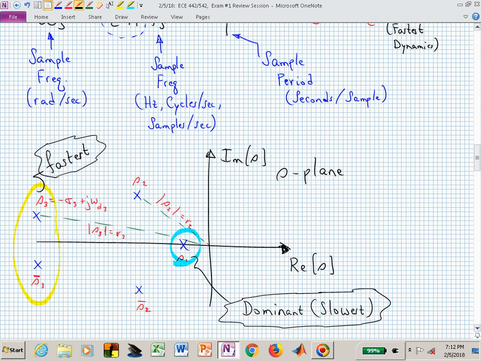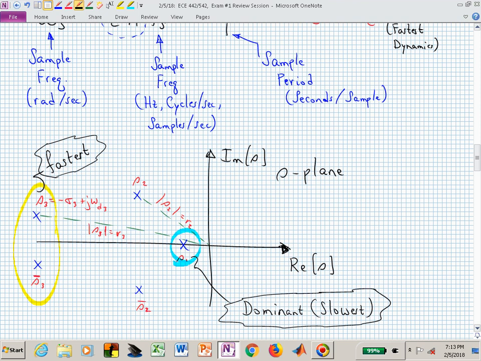Contrast that with the fastest pole. Here fastest really needs to take into account not only its exponential decay, but also its shaking. You could have something that's really exponentially quick in decay, but doesn't oscillate very much, and you could have something else that shakes a lot and doesn't have much decay.